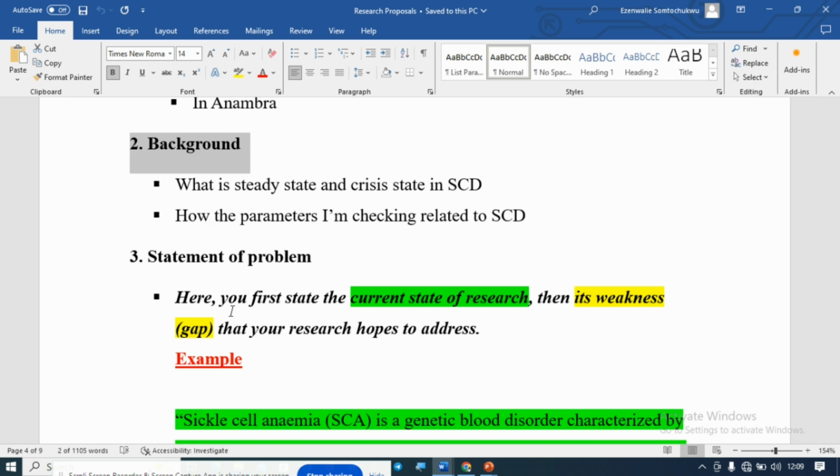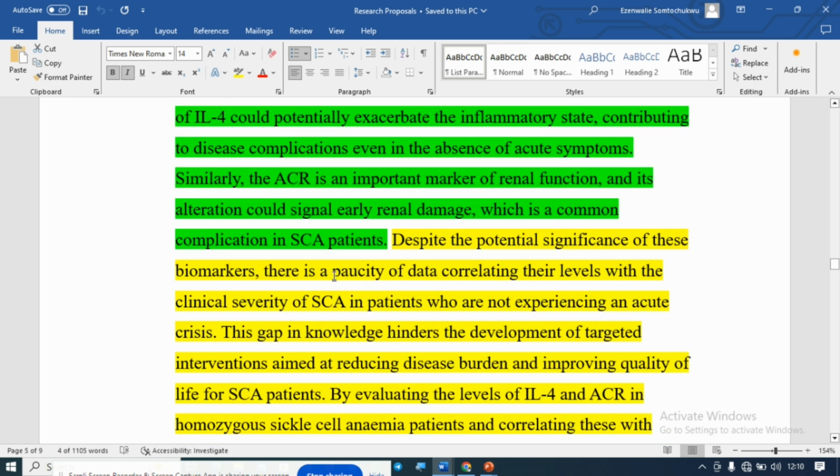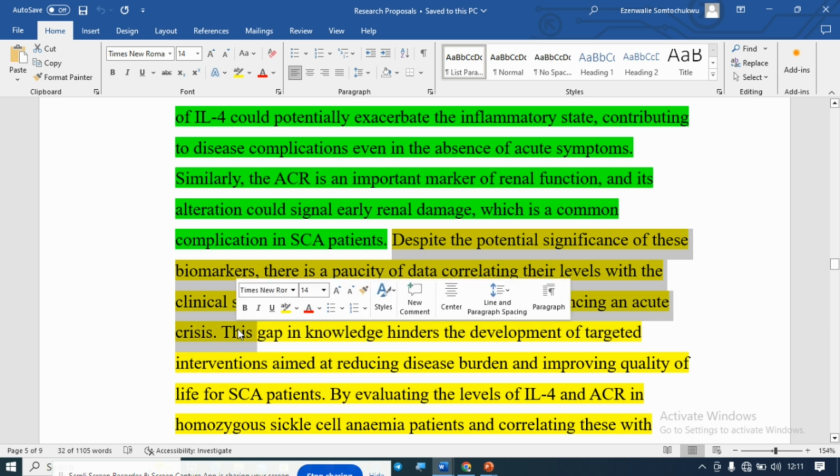I made a first statement and I made a little argument of it, and then built on it by adding some parameters that are needed in the topic, to make my argument. Then I also added current research about it, and then I finalized with an argument, okay, that despite the potential significance of these biomarkers, there is little knowledge or data correlating their level with clinical severity of sickle cell patients.